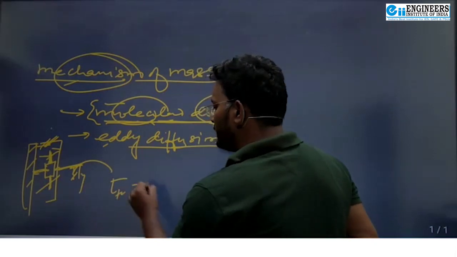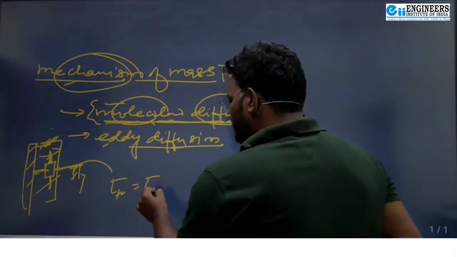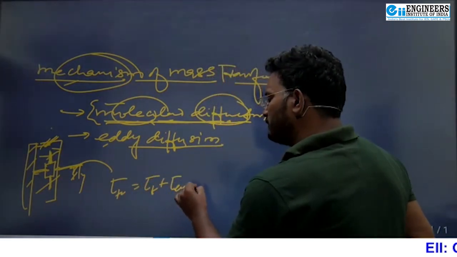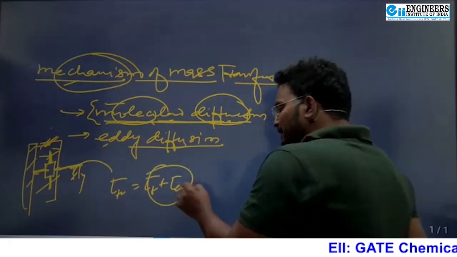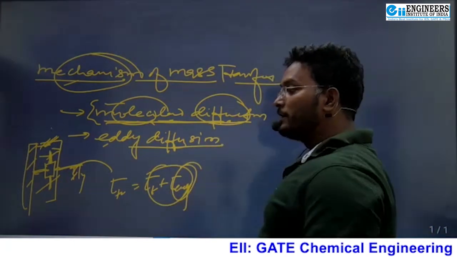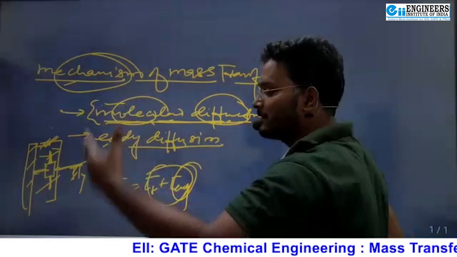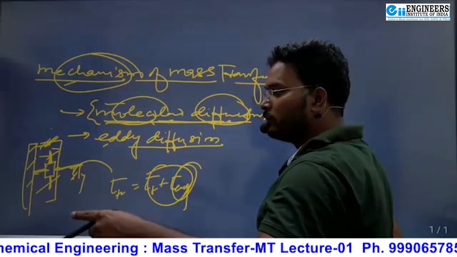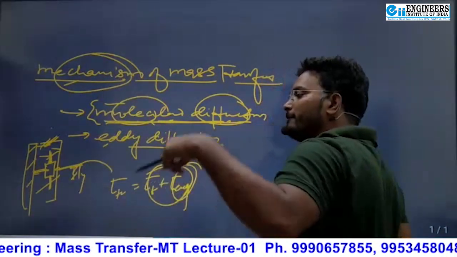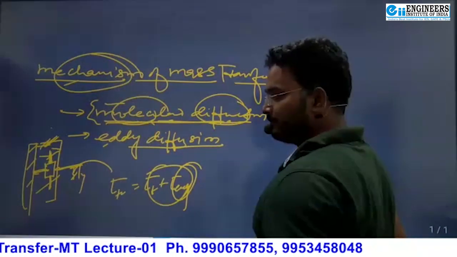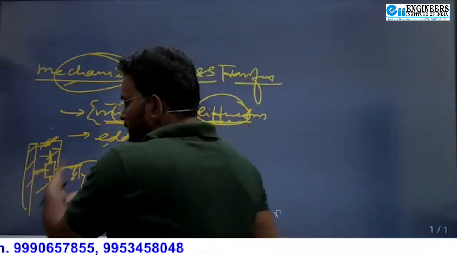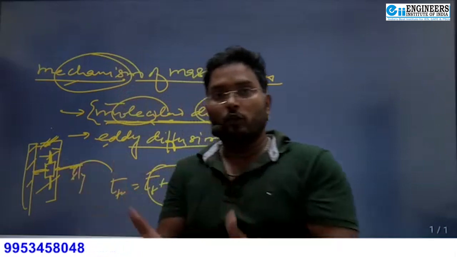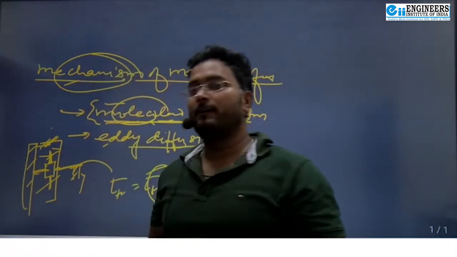Yes or no? This is called tau laminar plus tau eddies. Due to eddies, that momentum transfer has been given by the Reynolds stress model, rho into u prime v prime, and u prime v prime we have calculated by the Prandtl mixing model. So if I am talking about turbulent flow, as a whole a total of three mechanisms are there for the momentum to be transferred.